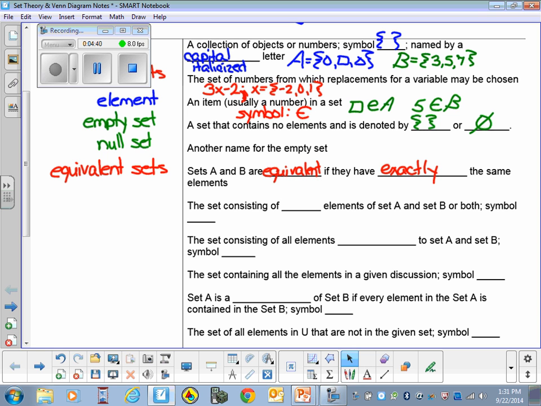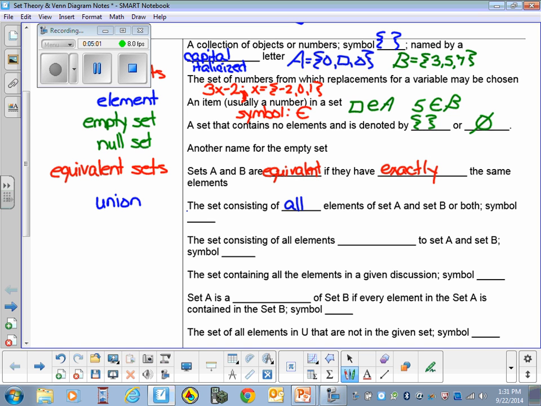With sets, we're often showing the relationships. So one relationship is union. That's the set consisting of all the elements in set A, all the elements in set B, or all the elements in both sets. There are two symbols.